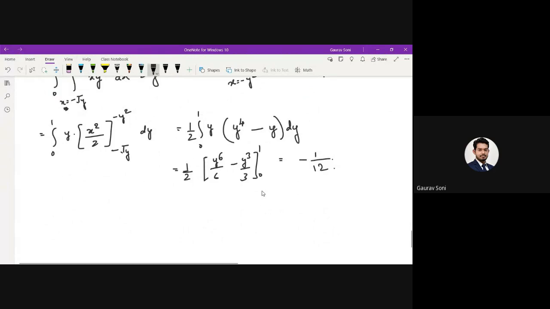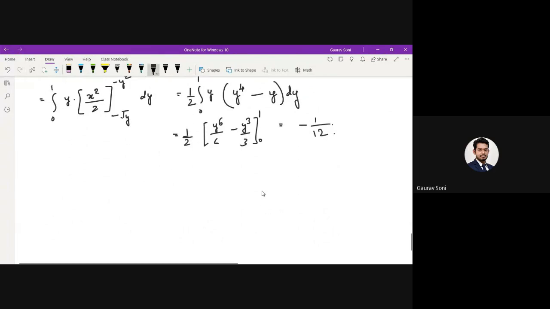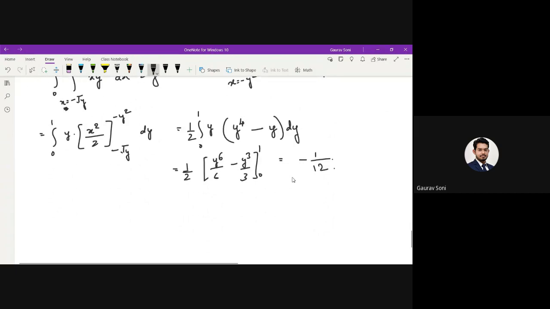So in the next example, we won't solve it completely. Let's just see if you all can try and give the limits for this integration.